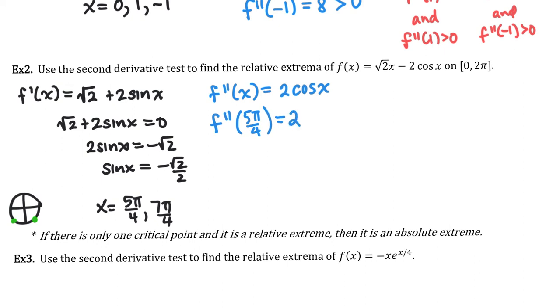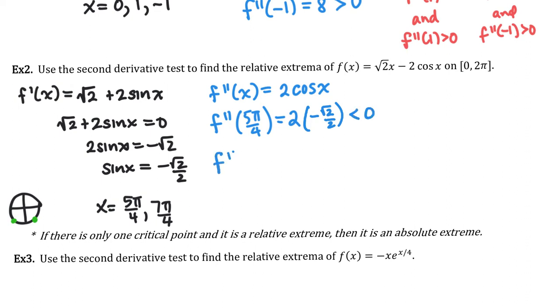The cosine of 5 pi over 4 is over here, which is negative root 2 over 2. Which is actually negative root 2, but I really just care whether it's positive or negative, and I can already tell that that's going to be negative.